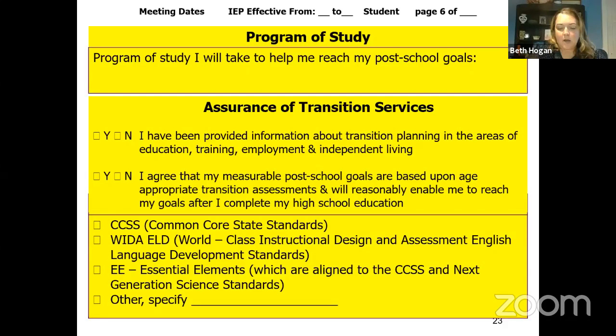Okay, so we're back to the document and we're going to start off with program of study. The program of study will be specific to your student in terms of what track they're going to be taking to help reach their goals.